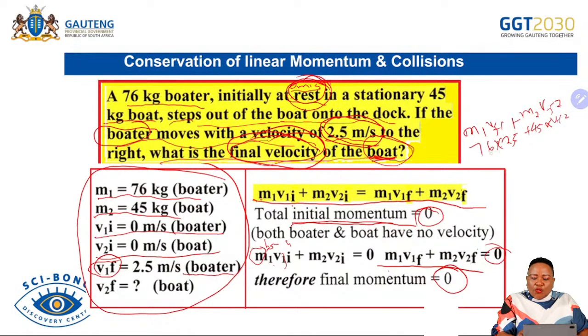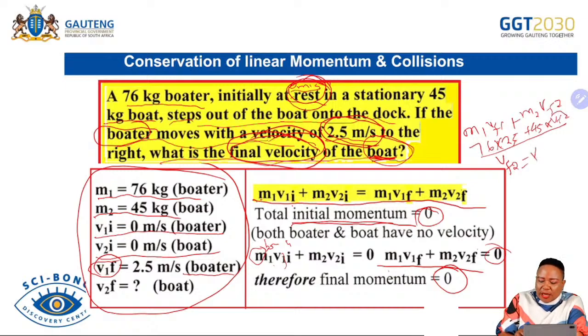So what you are going to solve here is vf2, and then after getting vf2, you take that value, substitute it here and add everything, and it must give you 0, because you are saying momentum is conserved, meaning the initial momentum equals the final momentum.